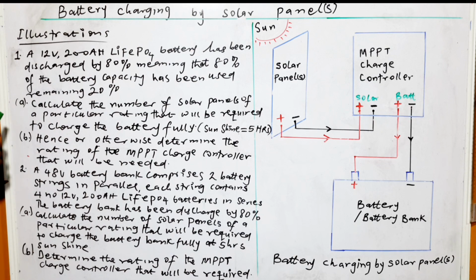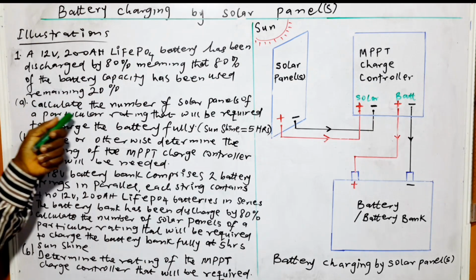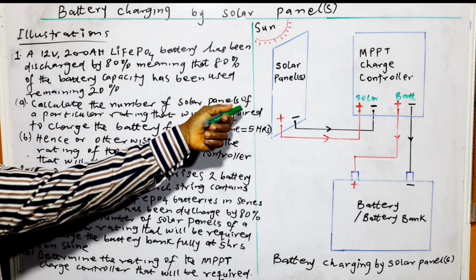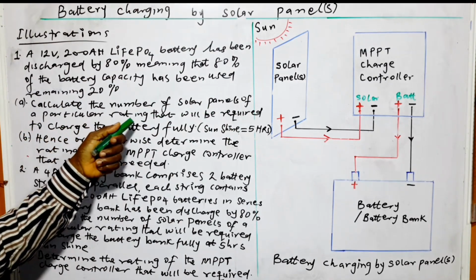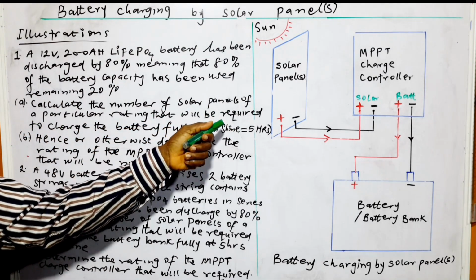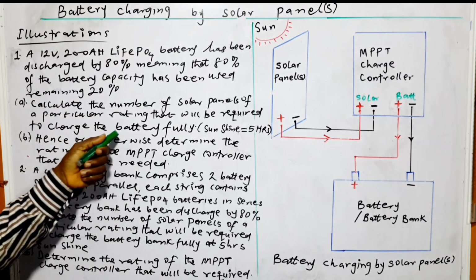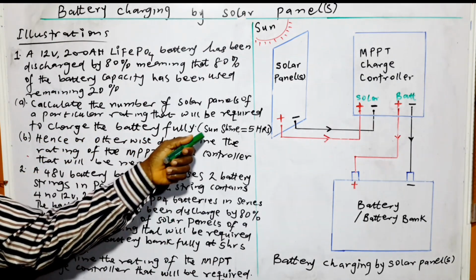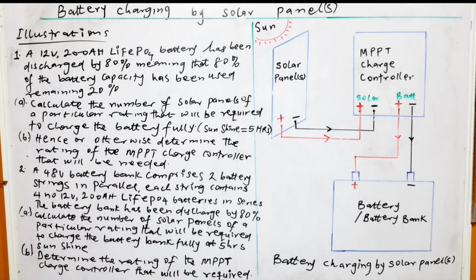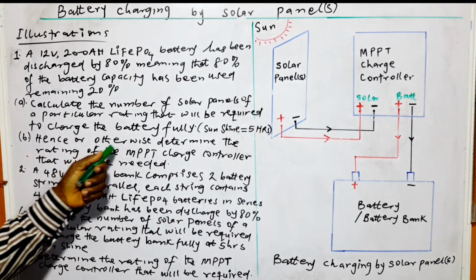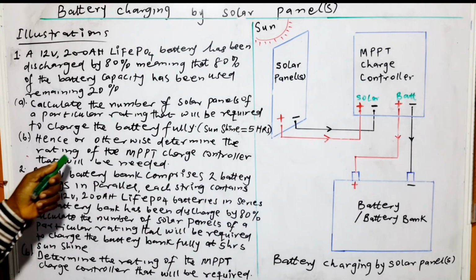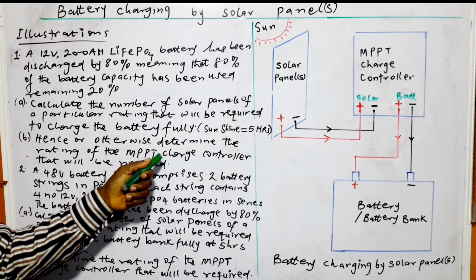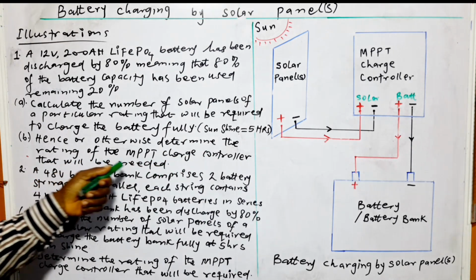Now the question is: A, calculate the number of solar panels of a particular rating that will be required to charge the battery fully. Sunshine time is equal to 5 hours. B, hence or otherwise, determine the rating of the MPPT solar charge controller that will be needed.